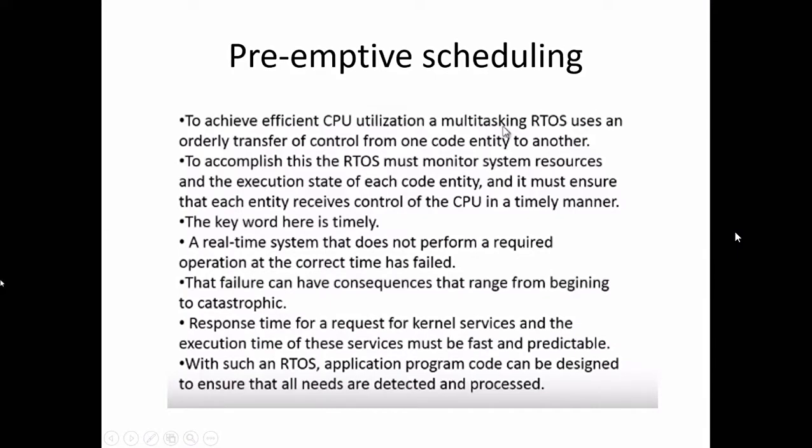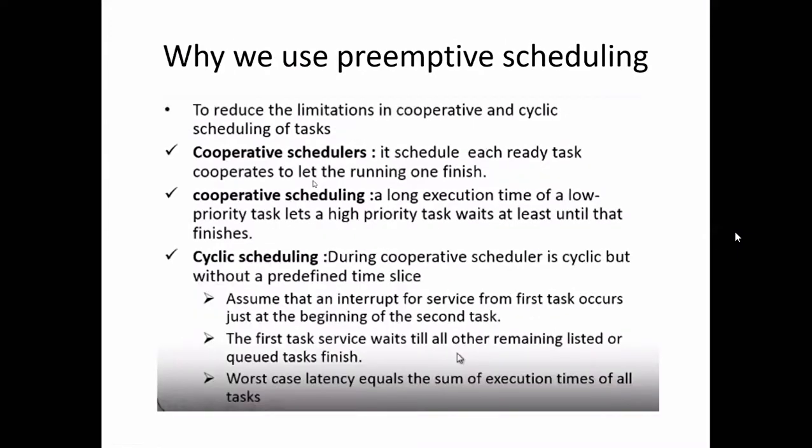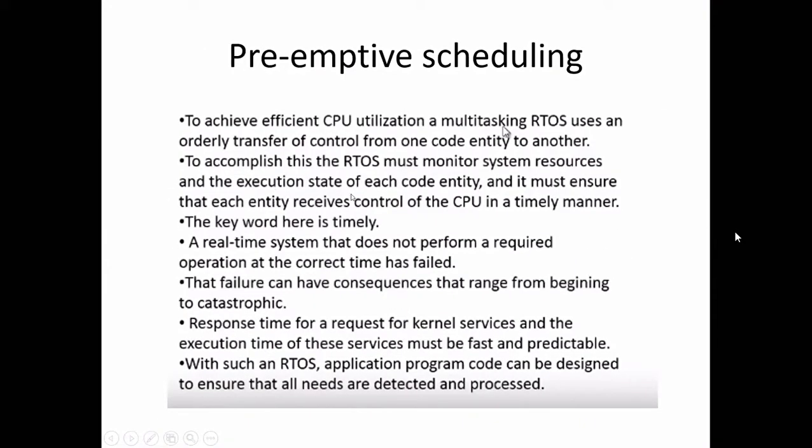A real-time system that does not perform a required operation at the correct time has failed. All these explain preemptive scheduling, which we have just discussed right now. It must monitor the system and the execution state of each code entity, and it must ensure that each entity receives control of the CPU in a timely manner.